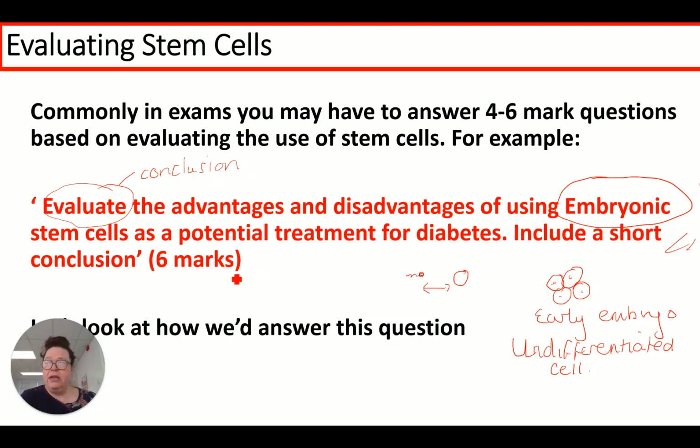Even if that conclusion is, I agree with using them or I don't agree with using them, you have to put a conclusion. Right, so now we know what embryonic stem cells are, and the fact it's evaluate. Let's have a look at what we could put in there.